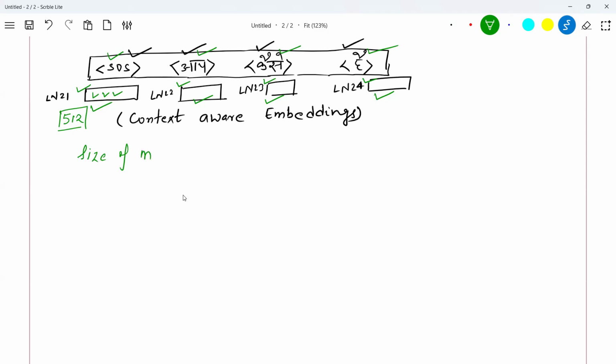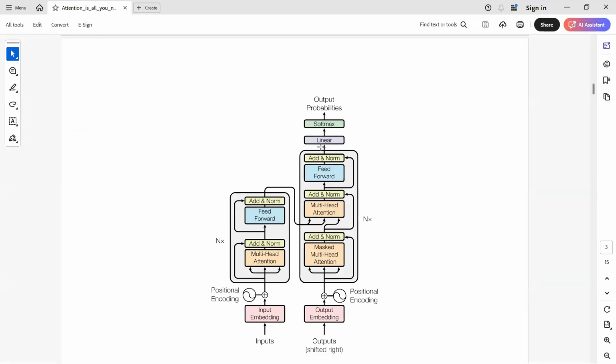And if you stack that together, what will be the size of the matrix? 4 rows for 4 contextual vectors into 512. So what you are going to get as output from here is a matrix of 4 into 512. Correct?